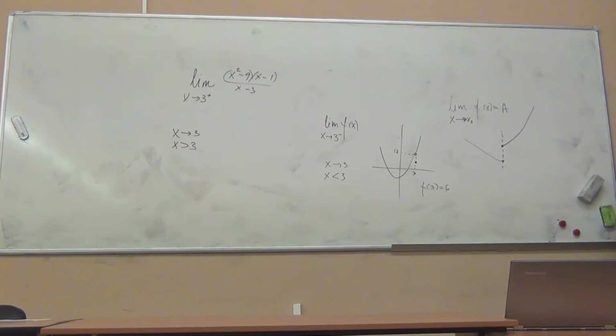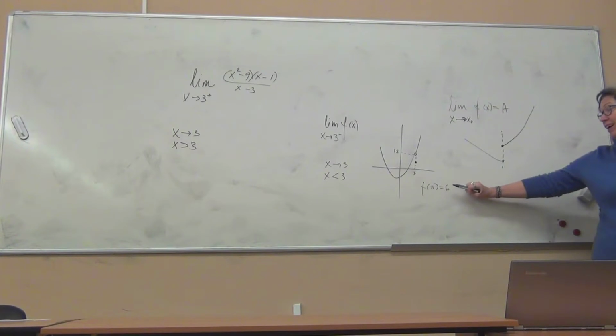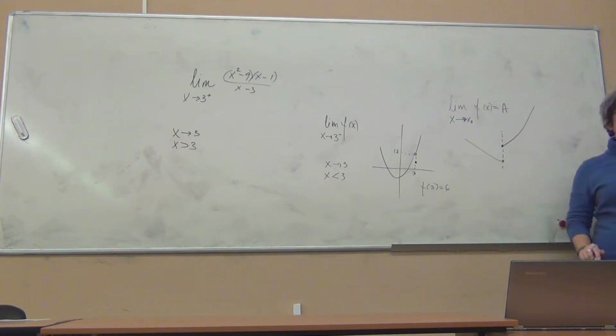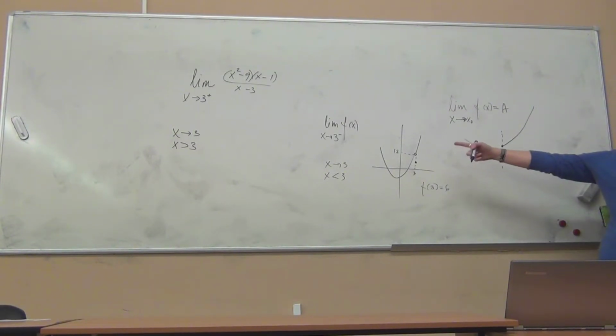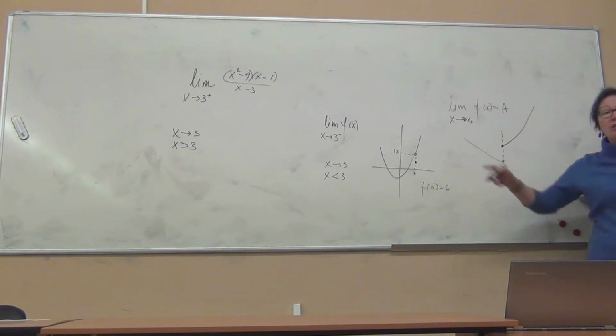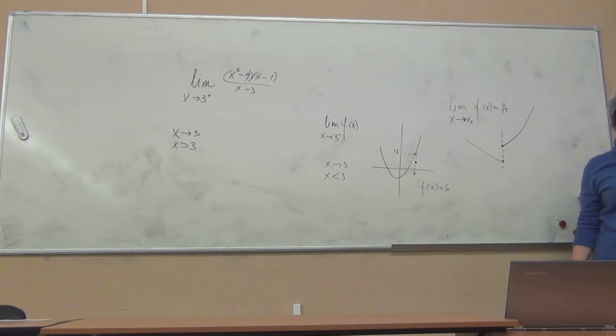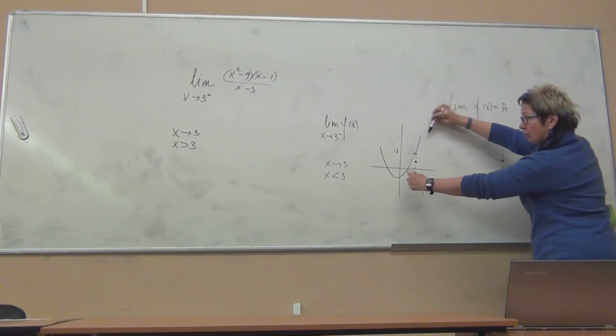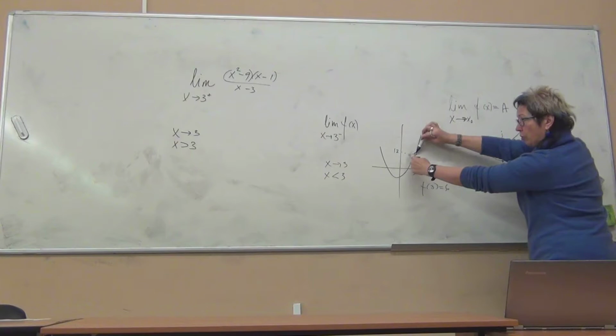It is defined by that formula for all x values except for 3, and the function is 6 if x is 3. I have taken one point out of the parabola and put it somewhere else. In this case, the function is defined, but the value is different from the limit, because the limit is 12.